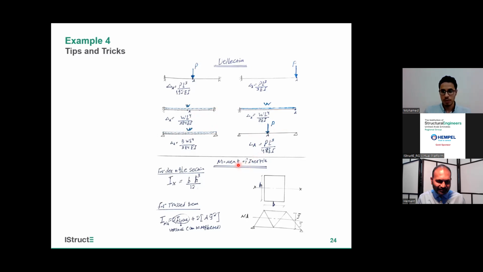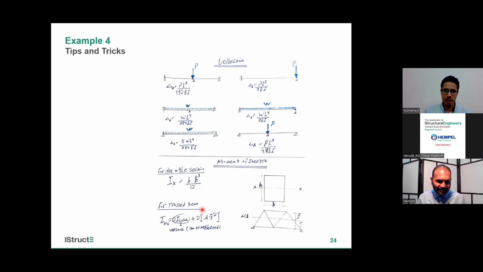Also, it's important to remember how to calculate the moment of inertia, as we will have questions relating to calculating deflection. For example, for this rectangular section, Ix equals b times h cubed over 12.